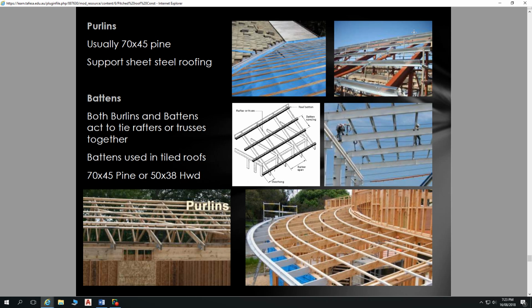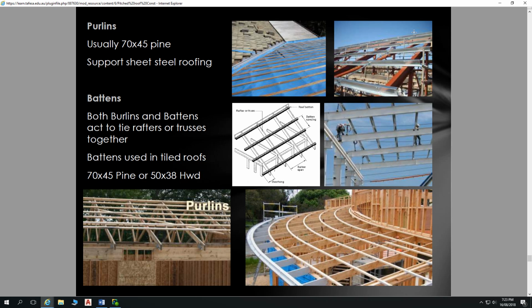So that's our purlin. Now with our steel purlins, because they're steel and they can be easily fixed, we don't have to worry about overturning of our purlins. But when we do that same thing with timber, we do have issues with overturning.